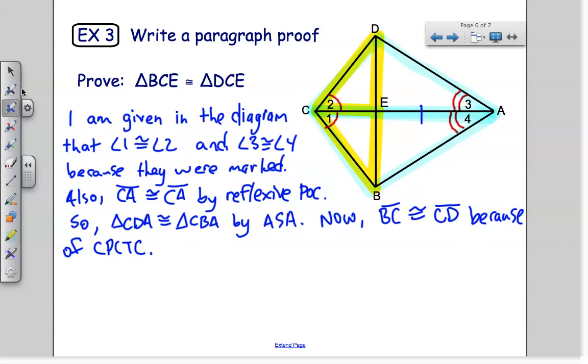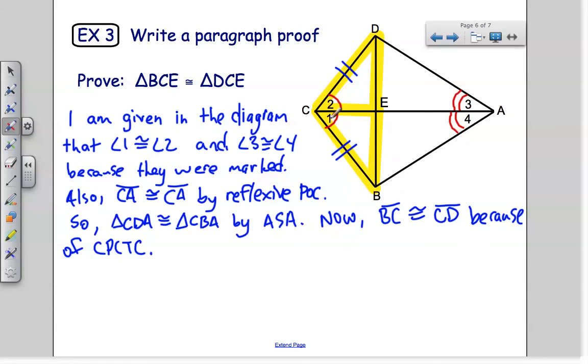Now, for those yellow triangles, I'm going to get rid of the blue triangles for a second because I don't need them. I'm now looking at the yellow triangles, and we know that BC is congruent to CD. Put two tick marks there. I'm also going to get rid of this because we're not talking about the blue triangles anymore. We're talking about the yellow triangles.